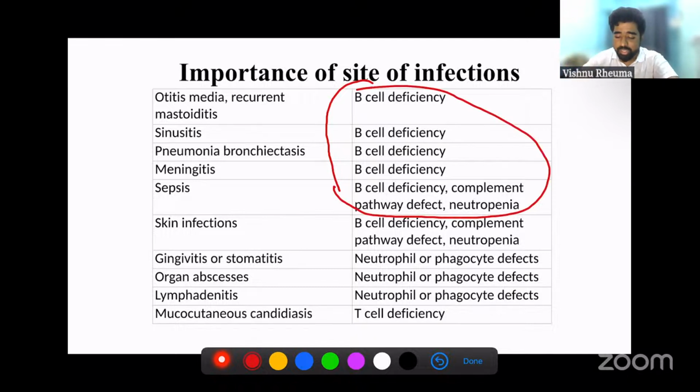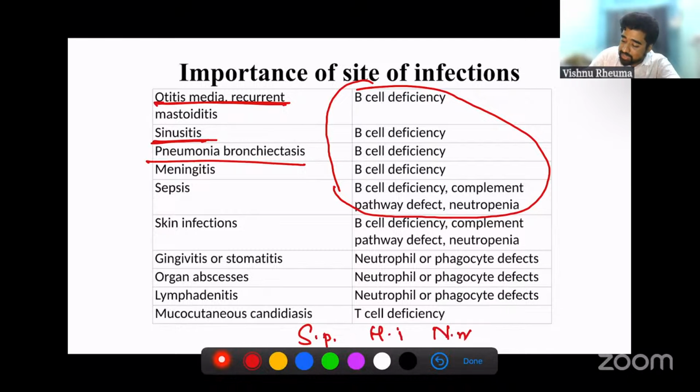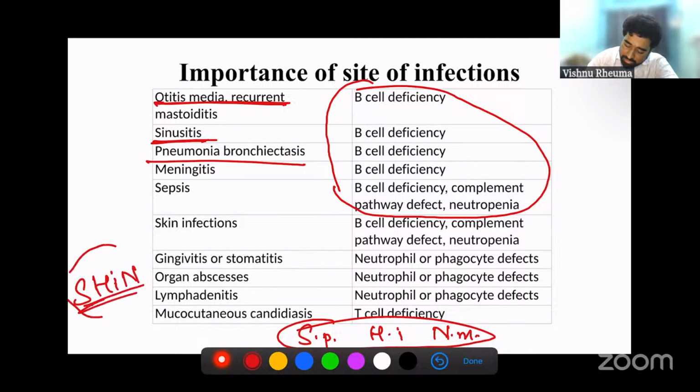So in humoral immunity, you will have your sinus infections, otitis media, pneumonias, all of these. And also B cell defects will cause encapsulated organisms to proliferate. Encapsulated organisms like Streptococcus pneumoniae, Haemophilus influenzae, Neisseria meningitidis, you can remember these as SHiN organisms. These will increase in B cell deficiency and lead to sepsis, meningitis, etc.